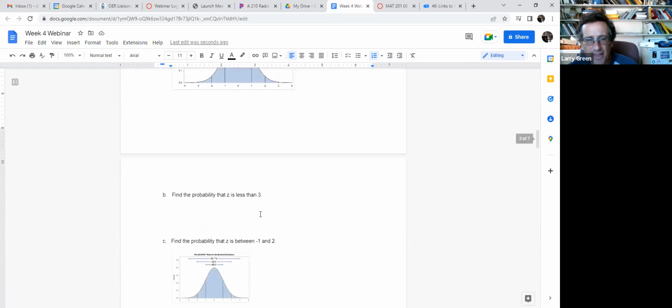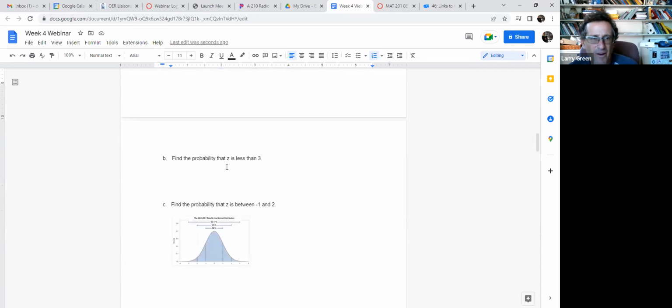All right, so let's write that down. Probability that z is less than 3. I strongly recommend whenever you have these kinds of questions, the first step is to write down the symbols of what it's asking for, because that's going to help in planning out how to answer.